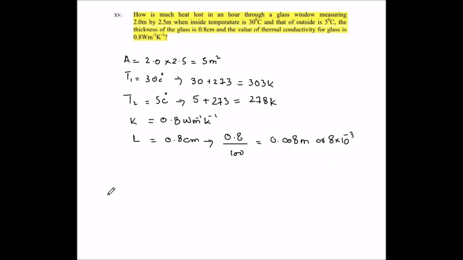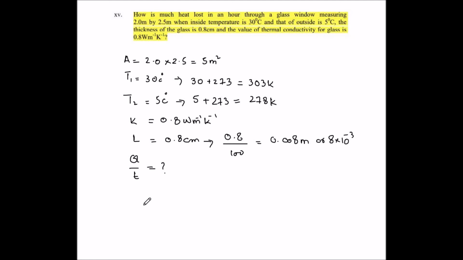Then what do you need to calculate? You need to calculate heat loss, the rate of heat loss, that means Q upon T. Now what kind of formula do you need to solve this? This question is actually related to your last chapter, chapter number 9. In that you can find the formula.